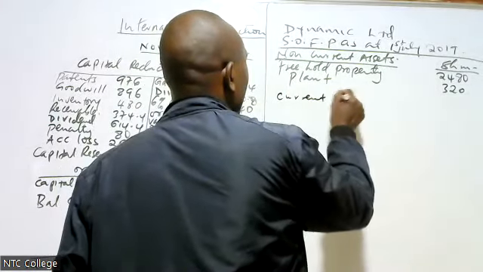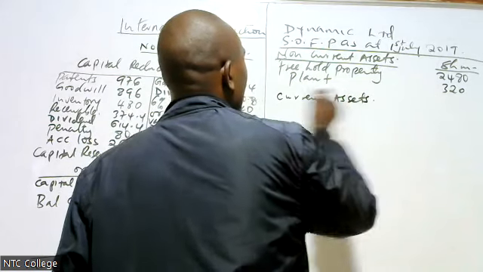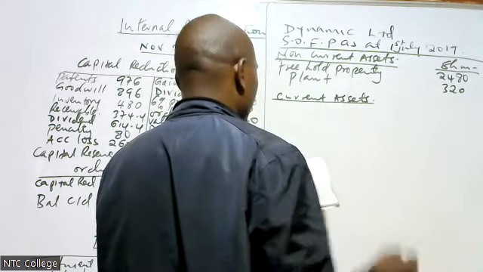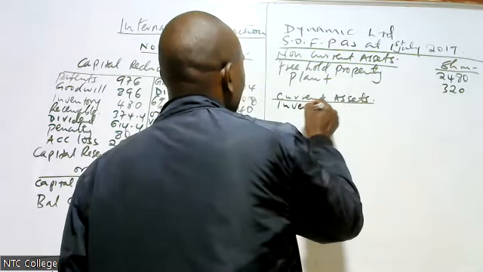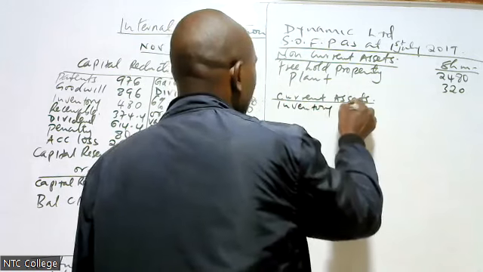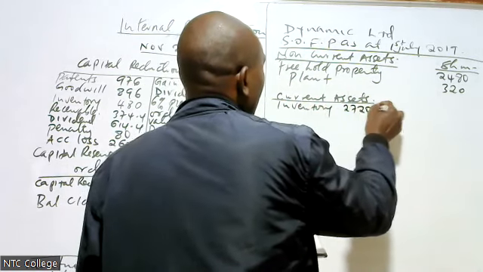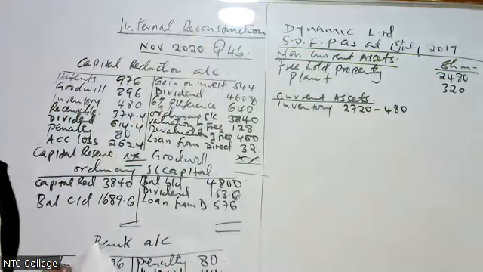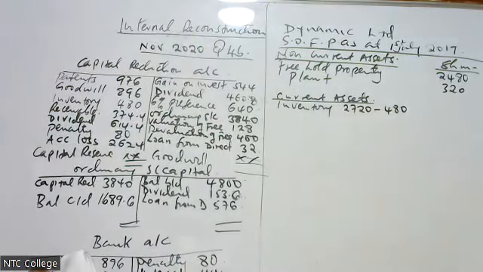Current assets here. I'm going to have inventory, which is 2720 minus 480. Remember, 480 was written off.